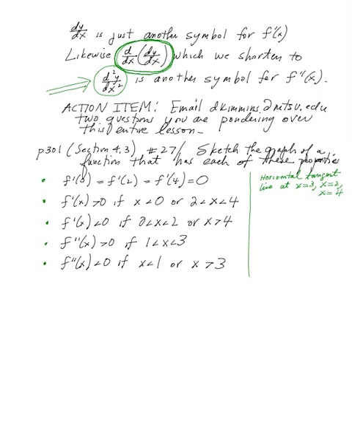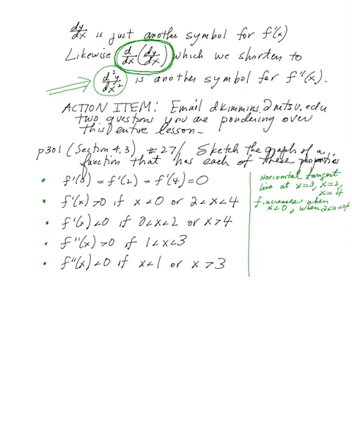Remember, the first derivative being positive corresponds with the function increasing. So f increases when x is less than 0 and also when 2 is less than x is less than 4. Those are the intervals of increase.